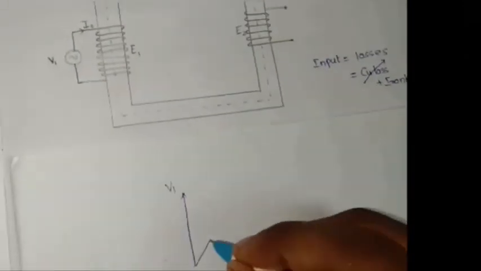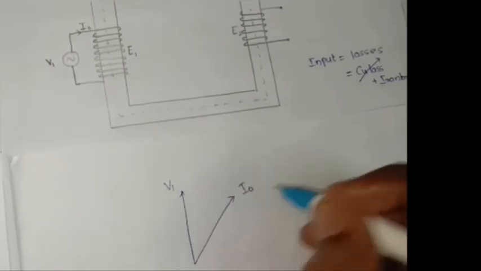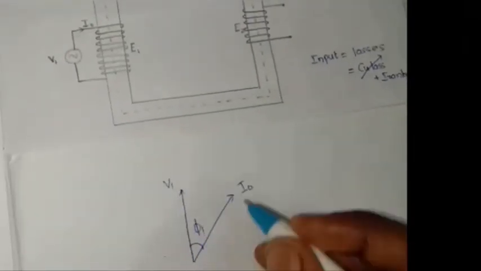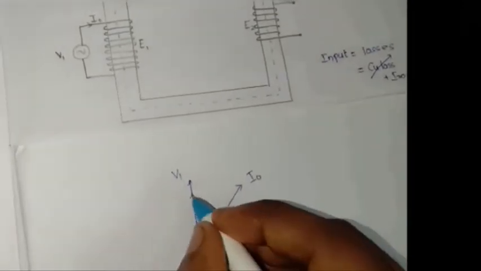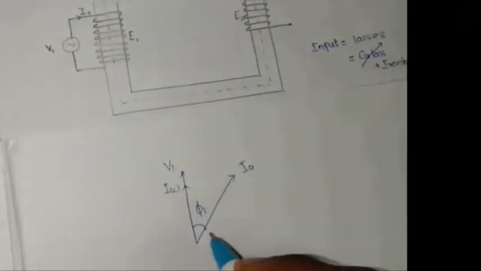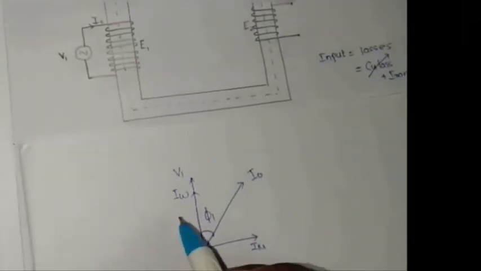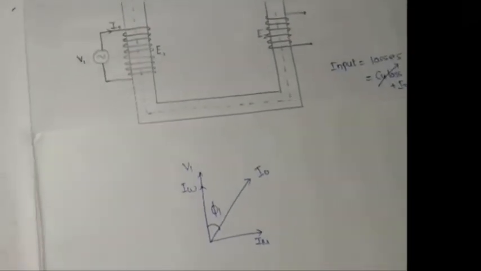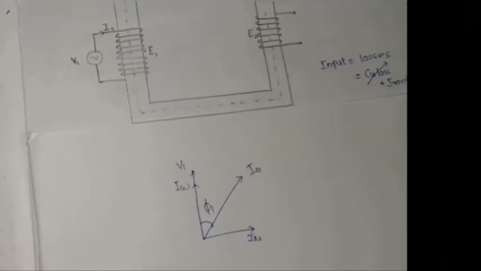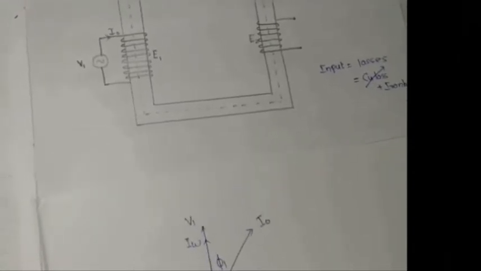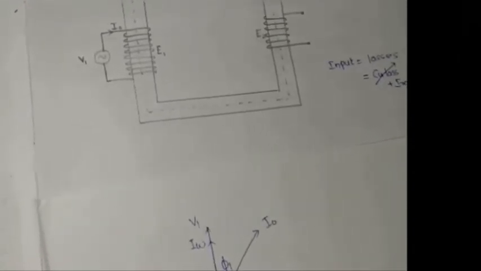and I naught be the no load current lagging by an angle phi 1. This I naught can be divided into two components, IW and I mu. IW is called the active or working or iron loss component because it mainly supplies iron loss plus a small quantity of copper loss.